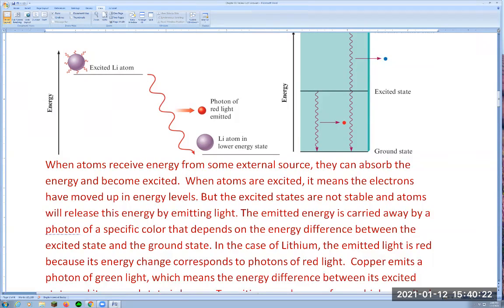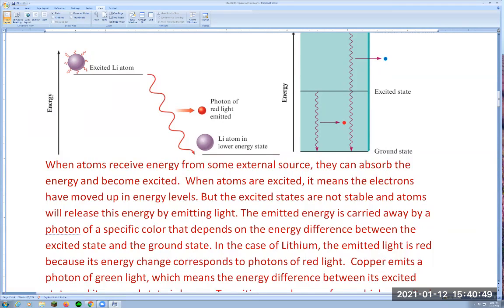Typically it is released in the form of light. And that red wavy arrow here represents the transition from the excited state to the ground state, or any kind of lower energy state. It doesn't have to be necessarily the ground state. It can be any lower energy state than the excited state where they were.